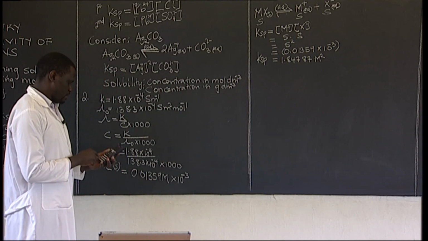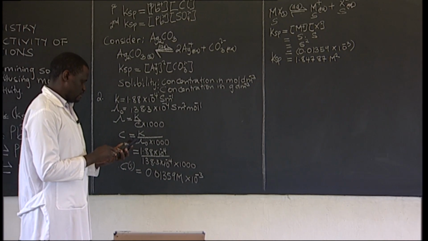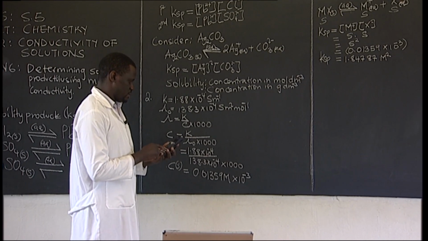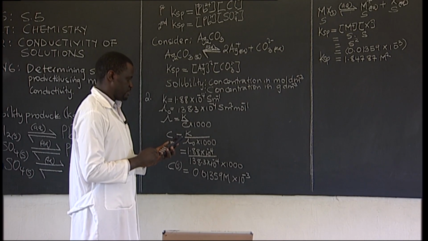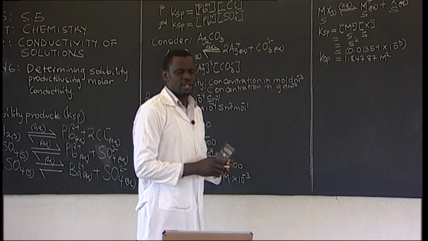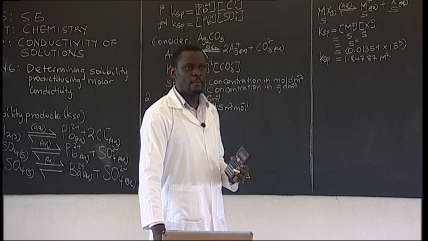So we have 1.88 divided by 138.3 divided by 1,000, and squared. So that's going to be our answer. So that's how we find solubility product.